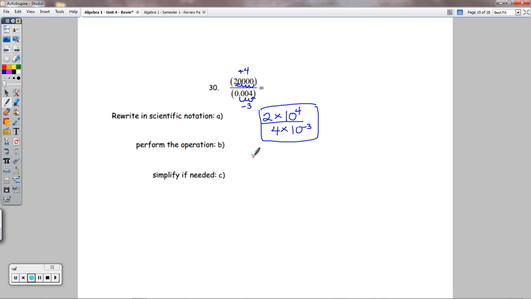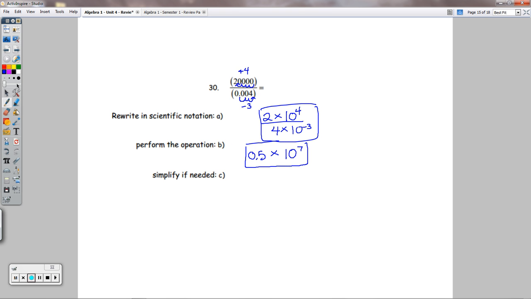That is equal to 0.5 times 10, and then we are subtracting these powers. So 4 minus negative 3, since we're dividing, we're subtracting the powers. That would be 4 plus 3, after you do minus a negative, which is the 7th power.